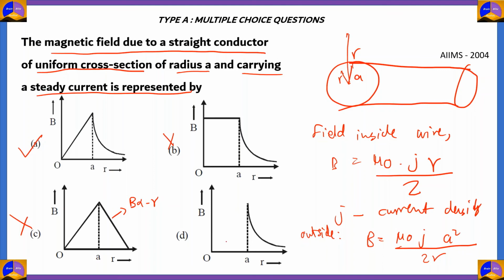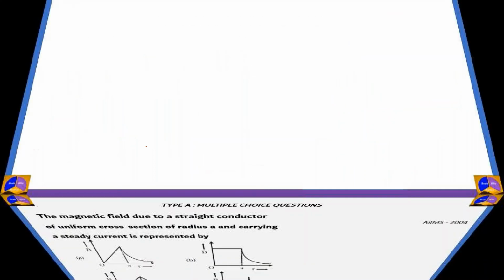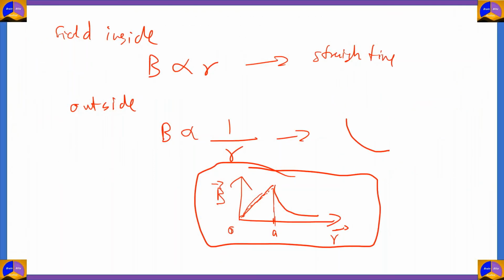That's why there is no line here, and the line starts from A onwards, which is also incorrect. The right answer is option A. This half gives the relation that B is proportional to r, and this half gives the relation that B is inversely proportional to r once it goes over the threshold of the radius of the conductor. And that's why option A is the right option.